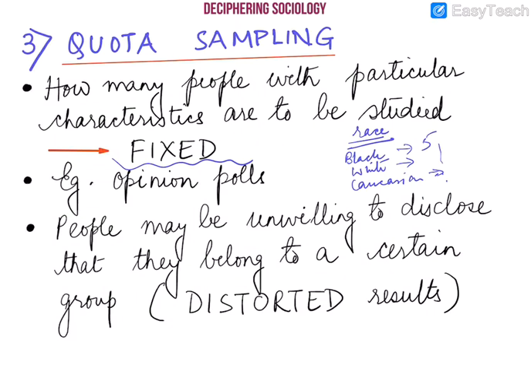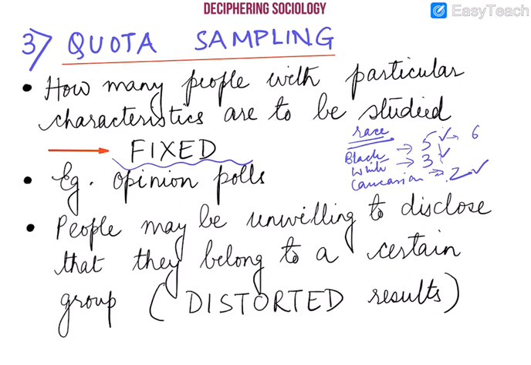I can take only 5 blacks, I can take only 3 from white, and I can take only 2 from Caucasian. Once that limit crosses, I cannot take 6 blacks. No, this one is fixed. That means the quota for each category to be studied is fixed.